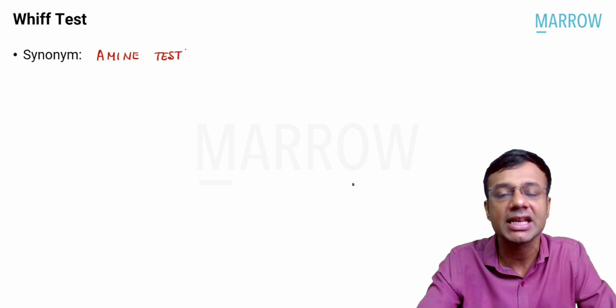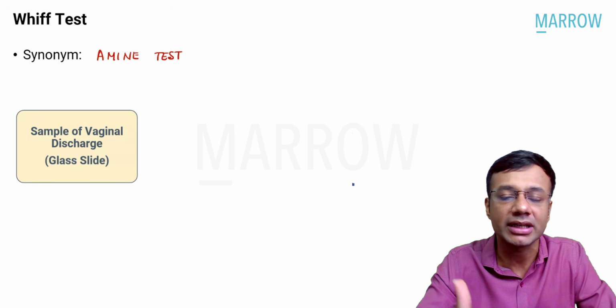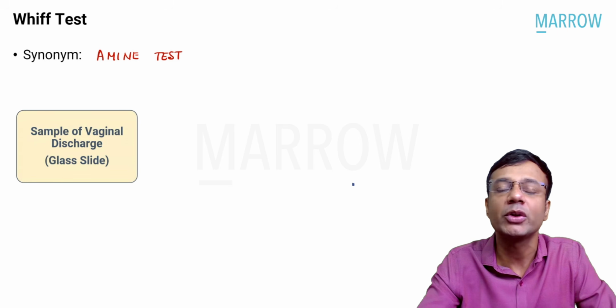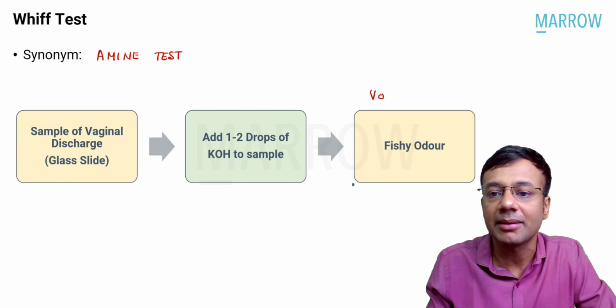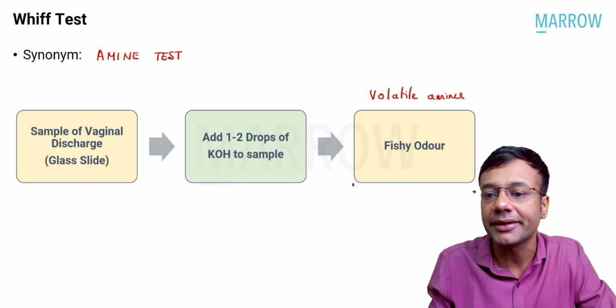How do we perform this test? We have to take vaginal discharge on a glass slide, and we add 1 to 2 drops of potassium hydroxide. As soon as you add potassium hydroxide, what will happen in bacterial vaginosis? There is liberation of volatile amines, which have a fishy odor.